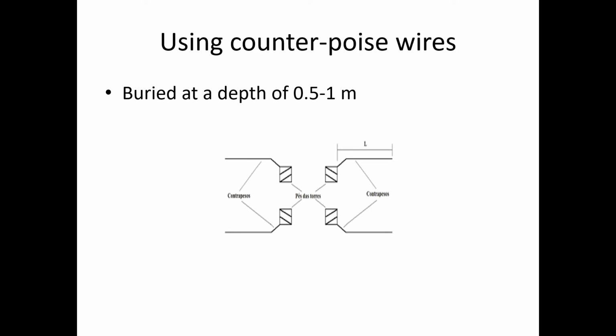The transmission line runs at the top of the tower, and below, at the tower legs in the earth, this counterpoise wire runs in parallel, similar to the transmission line. The length of the wire is about 50 to 100 meter.